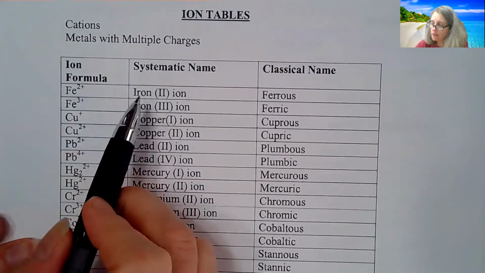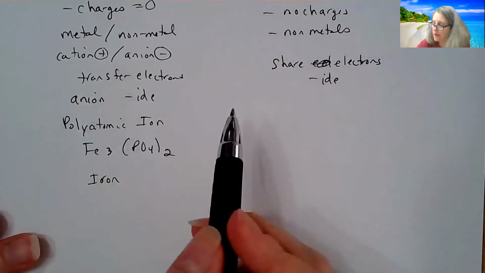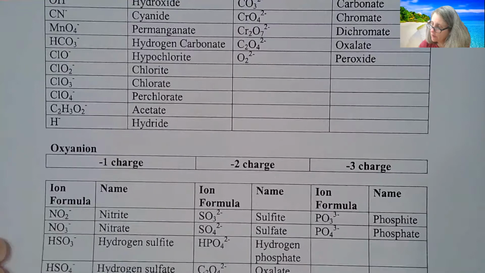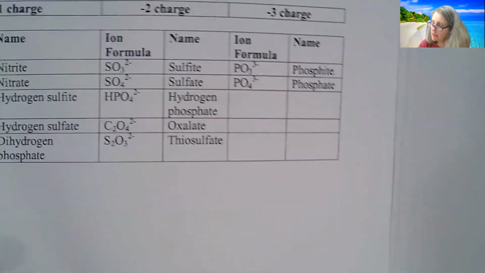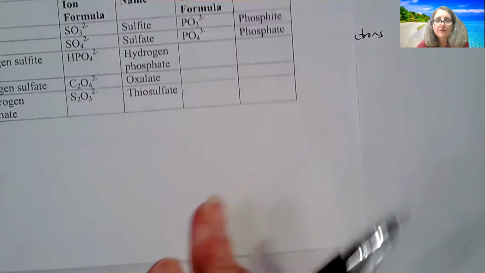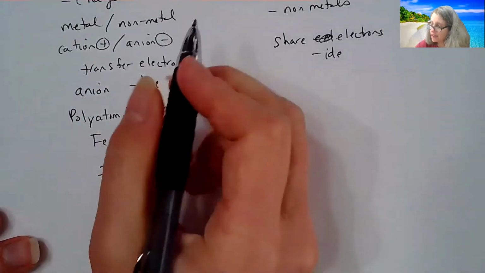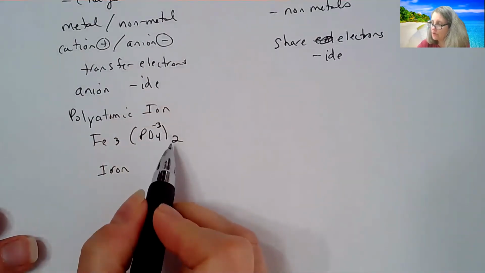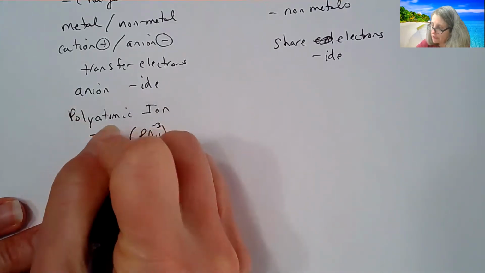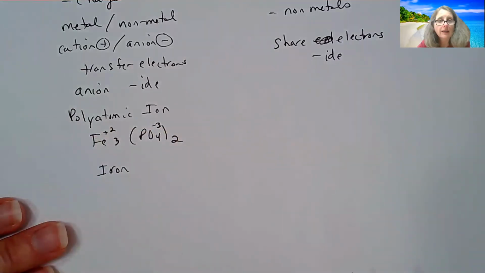So which one is it? Well, you have to know what PO4 is. When you look on your list, PO4 is phosphate, and it has a -3 charge. So if that has a -3 charge and there are 2 of them, in order for this to get to 0, iron must be the +2 variety.